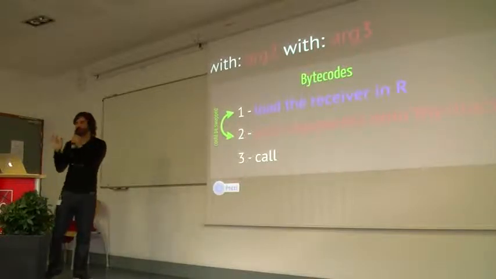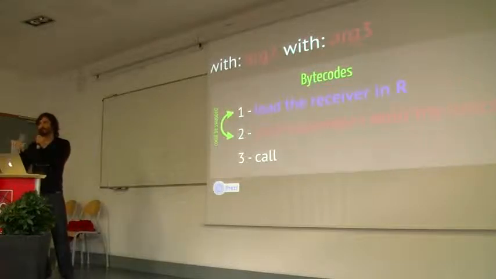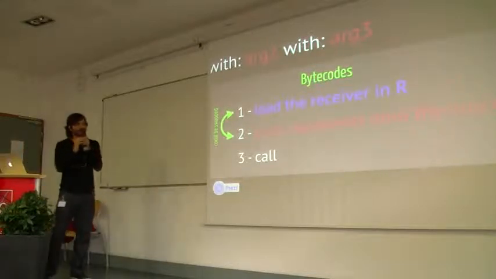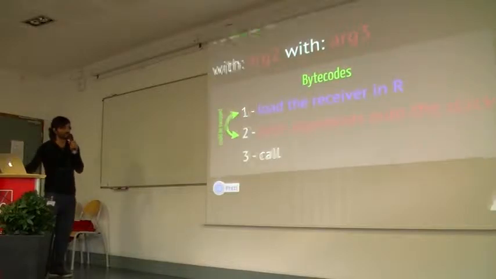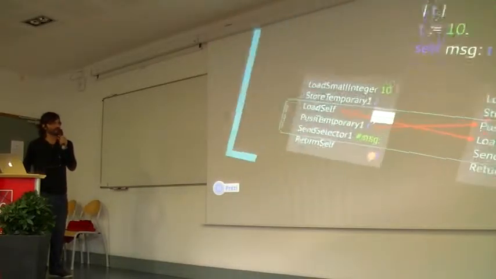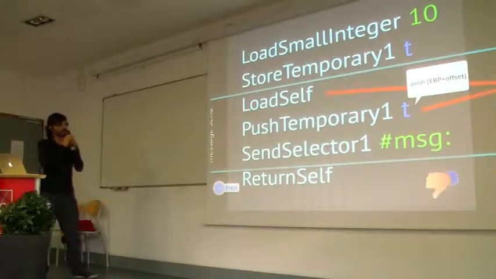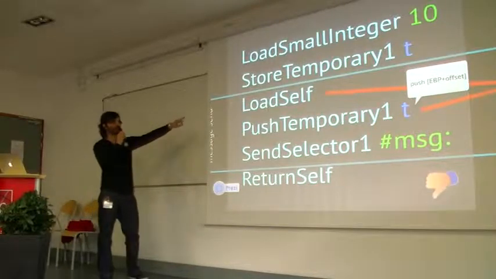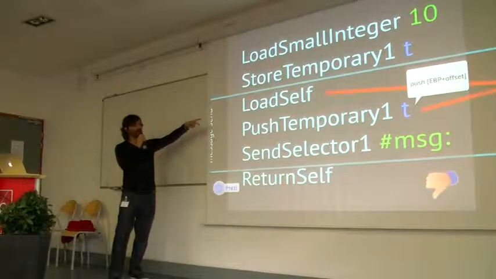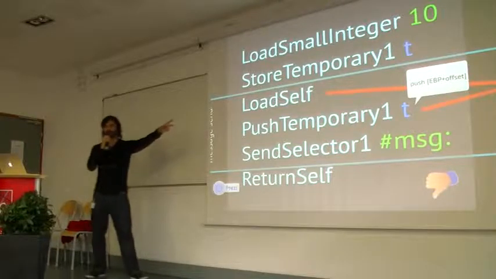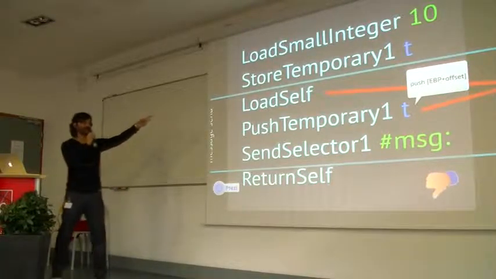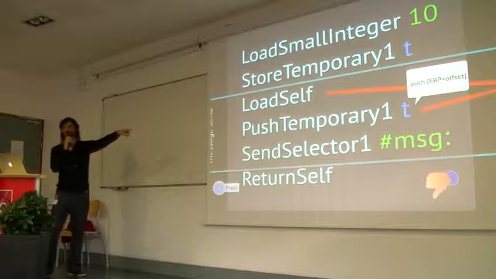That is, we can push the arguments before loading the receiver. So if we are sure that we can do that, in this case, we can switch between the load self bytecode and the push temporary.